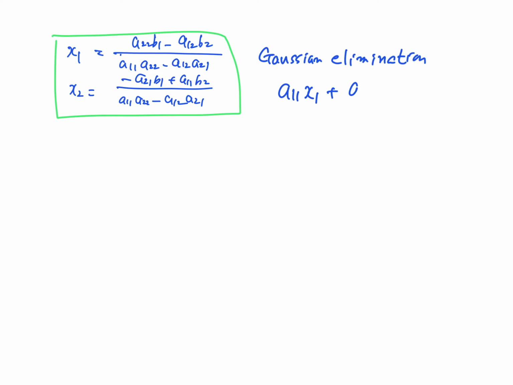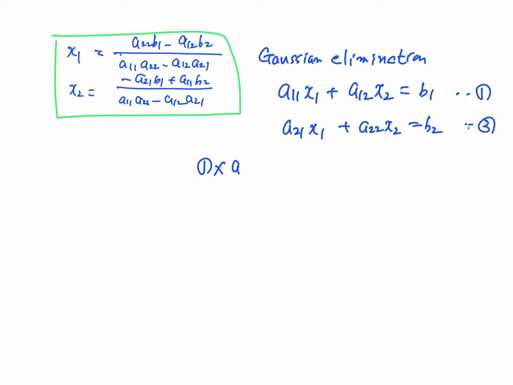A11 x1 plus A12 x2 equals P1, A21 x1 plus A22 x2 equals P2. What do you do? You first eliminate x2. You multiply the first by A22 and the second by A12, right?